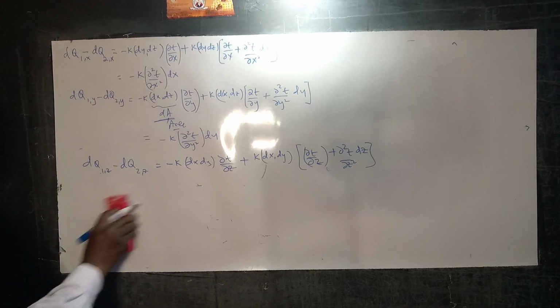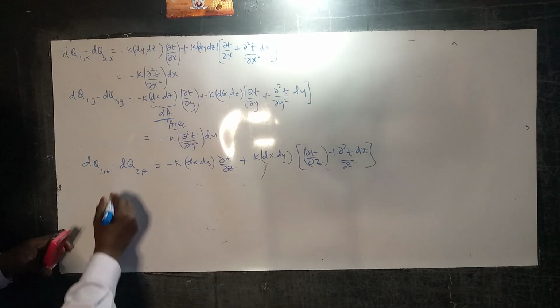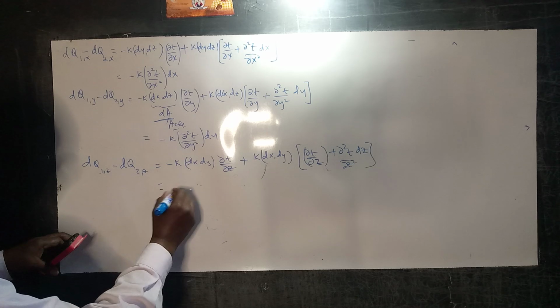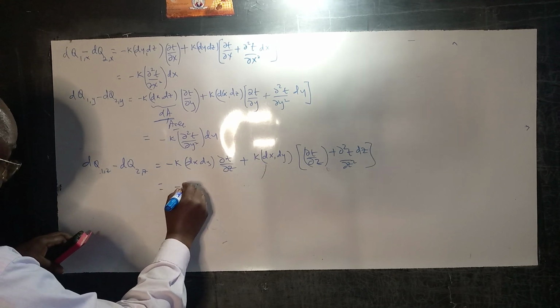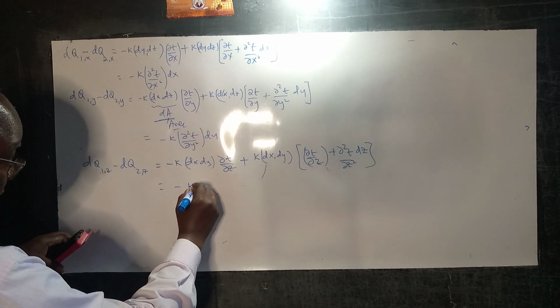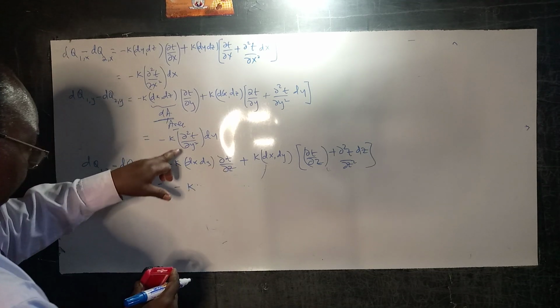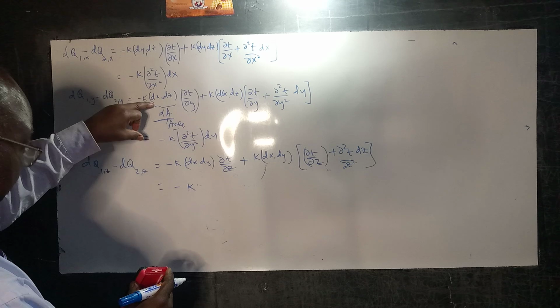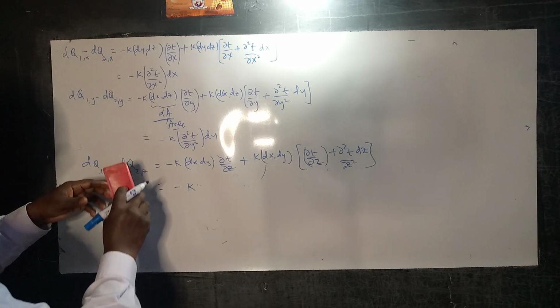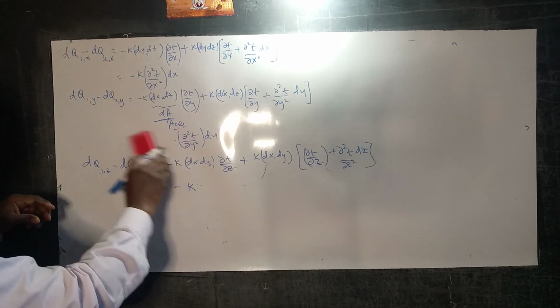left with the expression here: minus k, we had forgotten to put dx dy there, there's a dx dy.